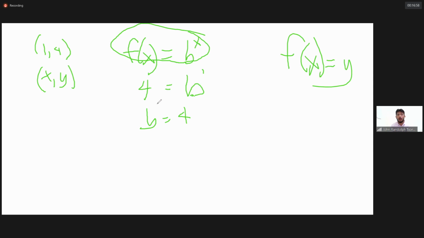So our base here equals 4, because any number raised to the power of 1 is itself. So 4 to the power of 1 has the same exponent, and b equals 4. Got it? Let's give another example.